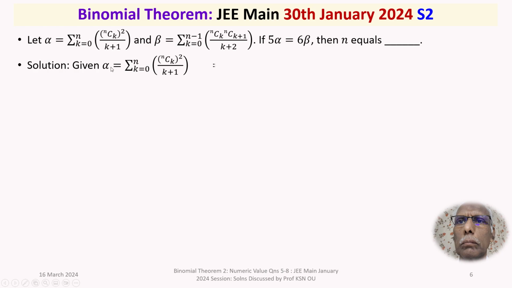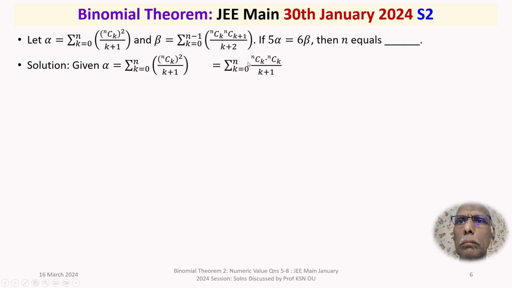We are given alpha is equal to sigma, k is equal to 0 to n, nCk square by k plus 1. Now nCk square is written as nCk multiplied by nCk. And we see the presence of 1 by k plus 1 here.